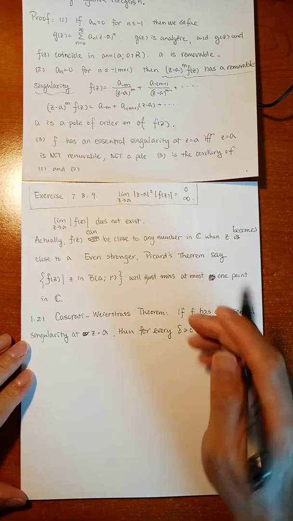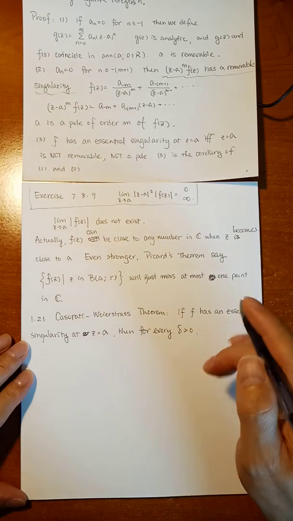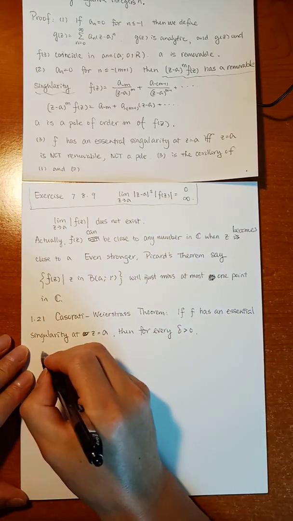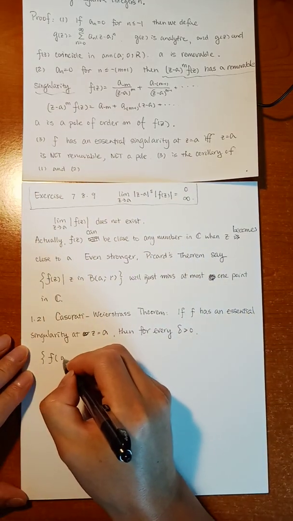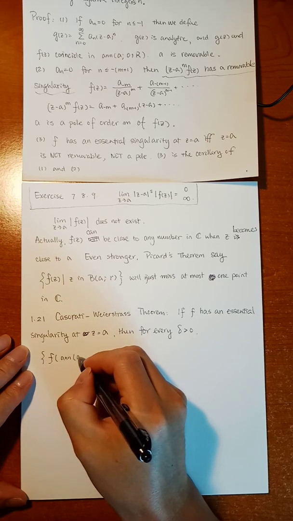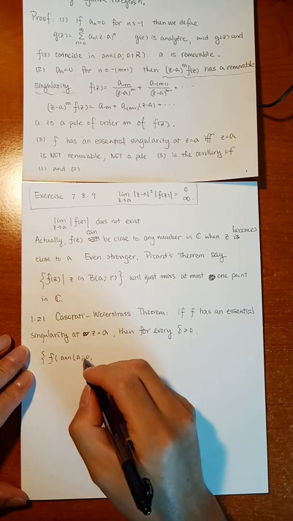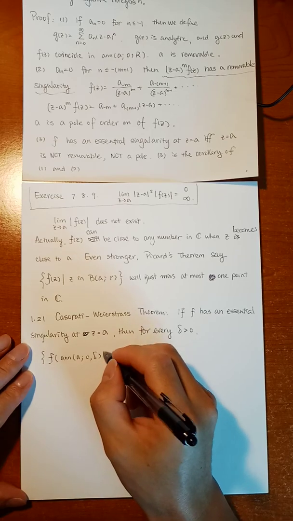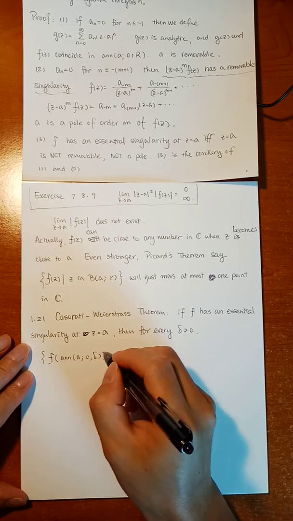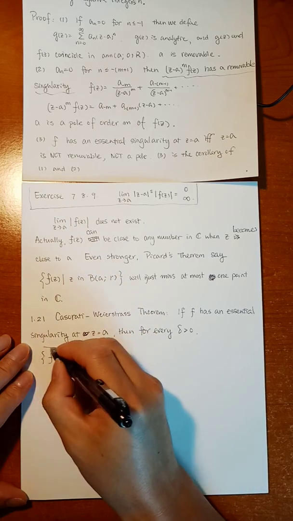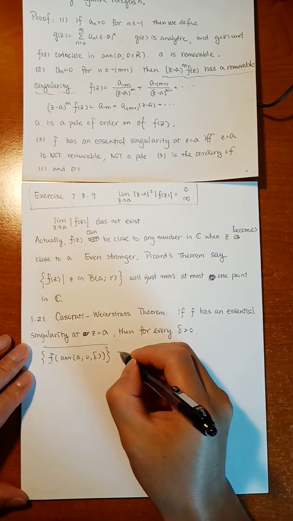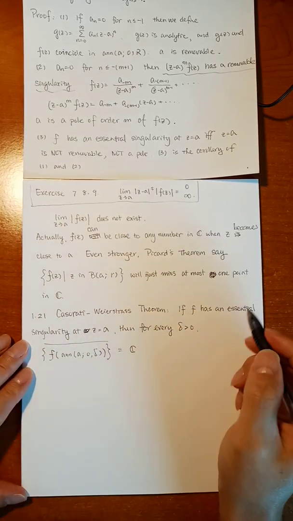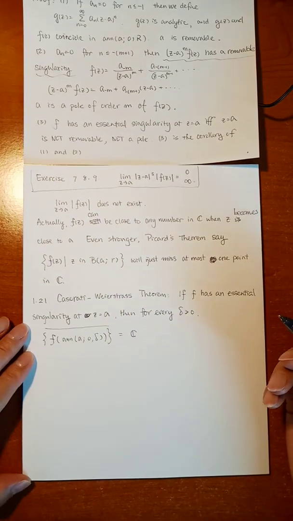But whatever, we just keep in mind the delta will be small. Then the image of the annulus, the punctured disk centered at a with outer radius delta, when we take the closure, it's C. So when we take the closure, it will be everything.